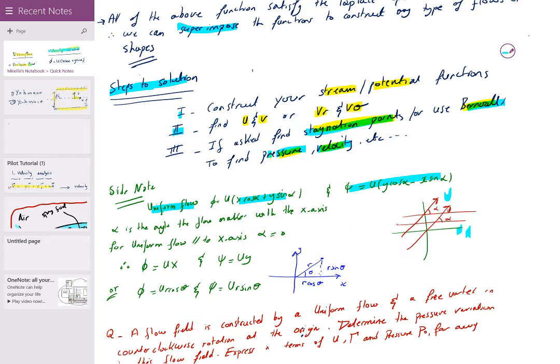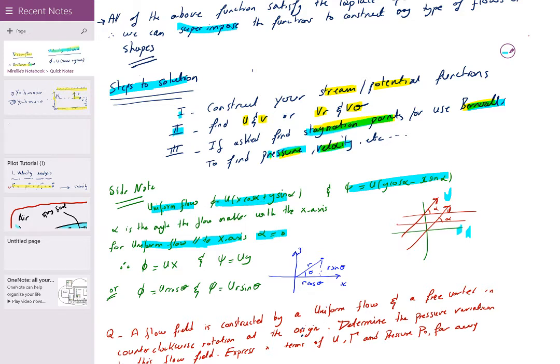So when we have a flow which is parallel to the x-axis, I can say that my alpha is 0. By saying so, my phi will equal ux and my psi will equal uy. Basically what I did here, I just replaced alpha = 0 in the equations above for the phi and the psi.